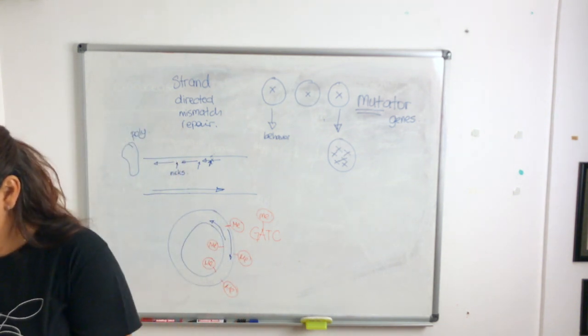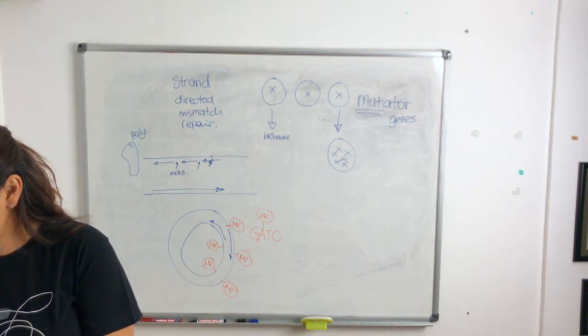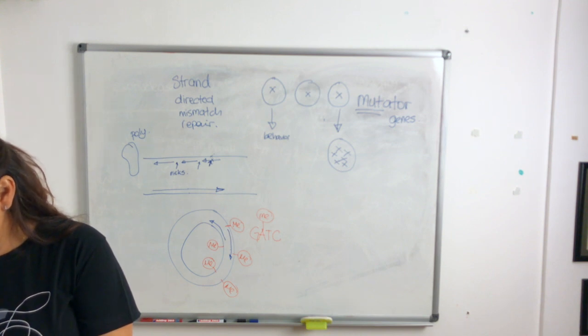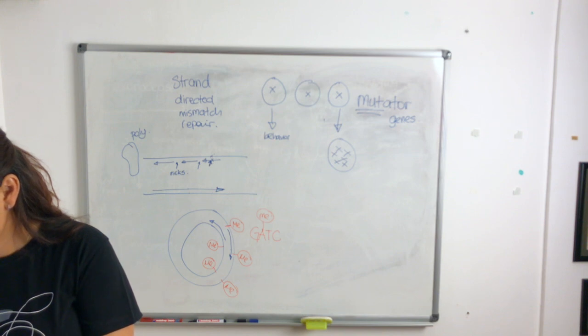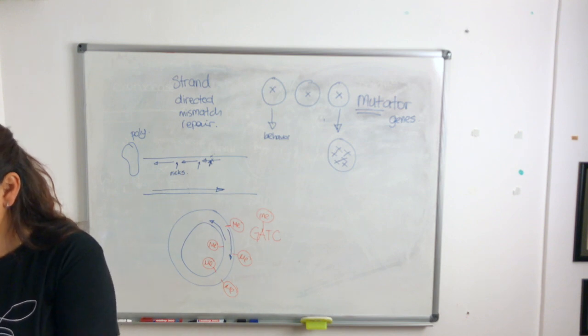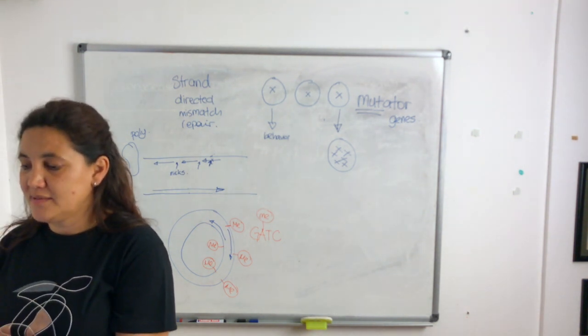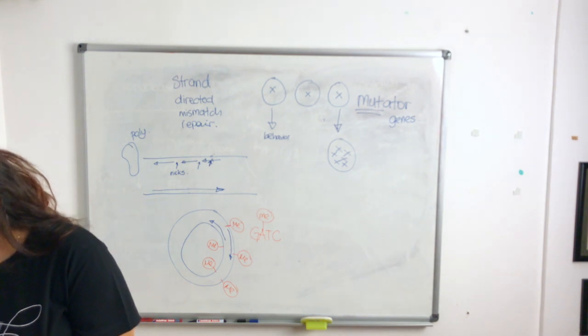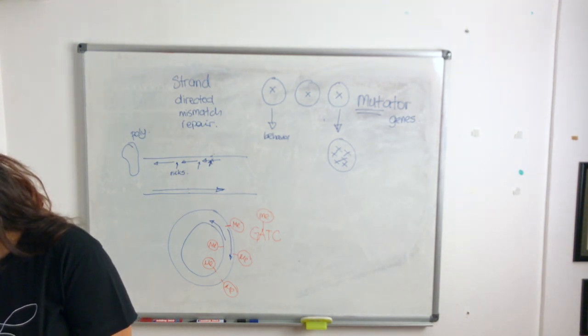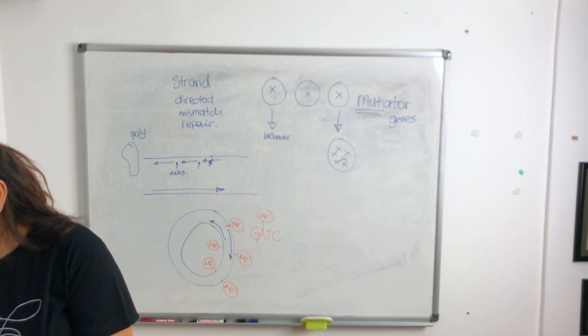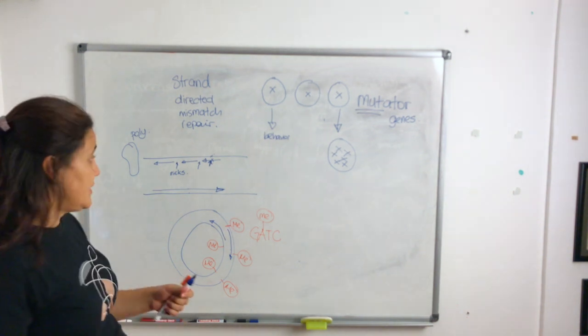Now I will show you a mechanism of it. It happens in both bacteria and eukaryotes, but in this example, it searches for nicks, so it must be the eukaryotic system. So it works like this.